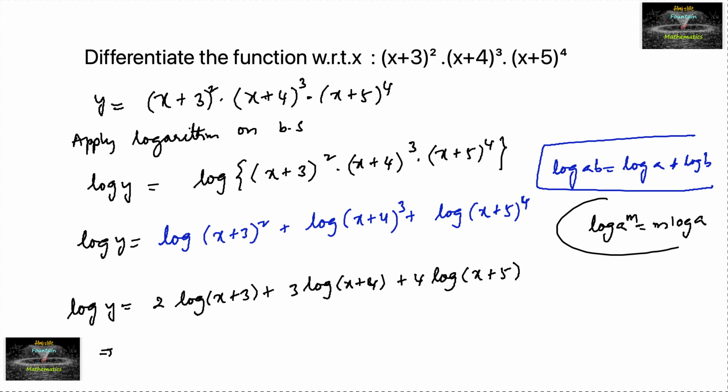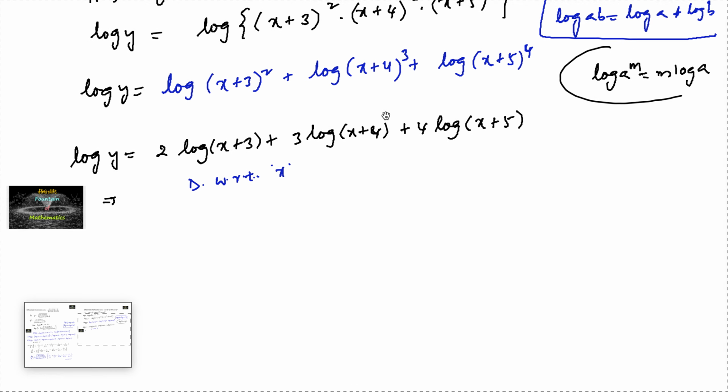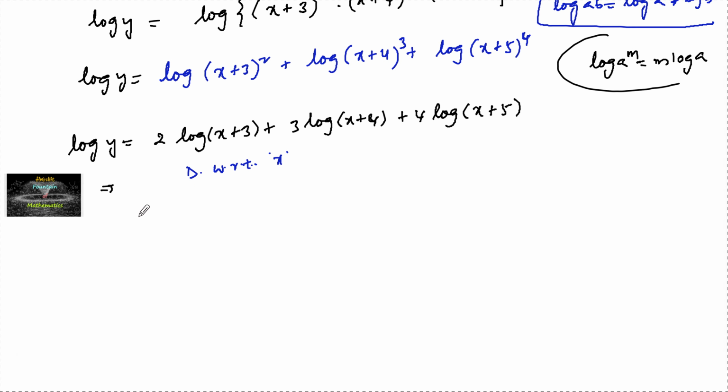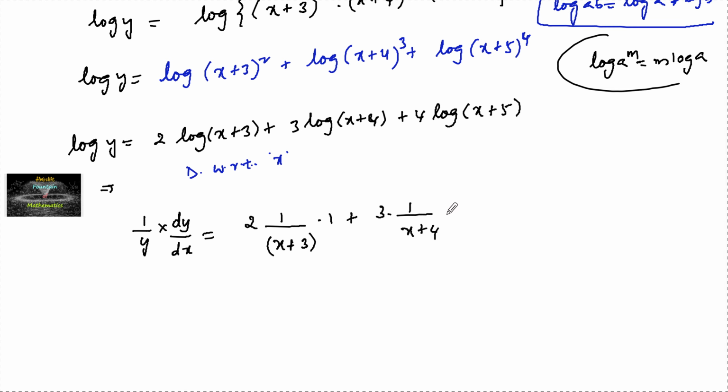Now differentiating with respect to x. Differentiating log y, we get 1 upon y into dy by dx is equal to 2 times d by dx of log (x + 3), which is 1 upon x + 3 into the differentiation of x + 3, which is 1, and again plus 3 times the differentiation of log of (x + 4), which is 1 upon x + 4 into d by dx of x + 4, which is 1, plus 4 times the differentiation of log (x + 5).